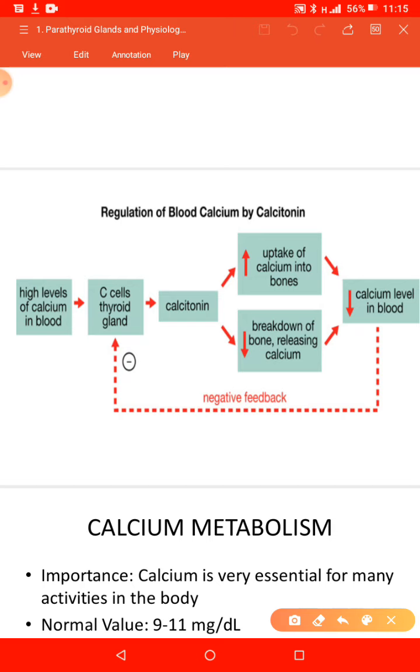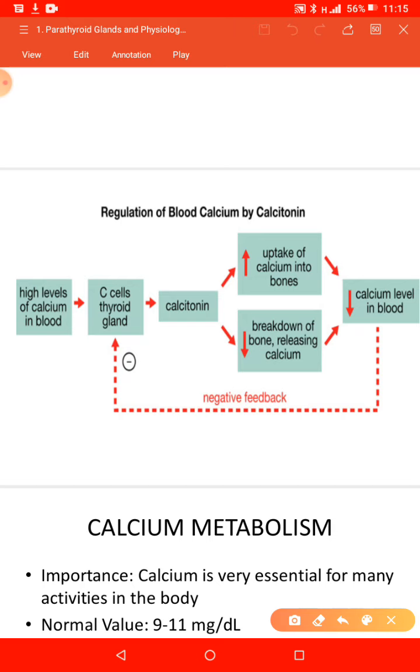In other ways, calcitonin inhibits the production of the RANK ligands and the macrophage colony stimulating factors, but it promotes the production of osteoprotegerins.